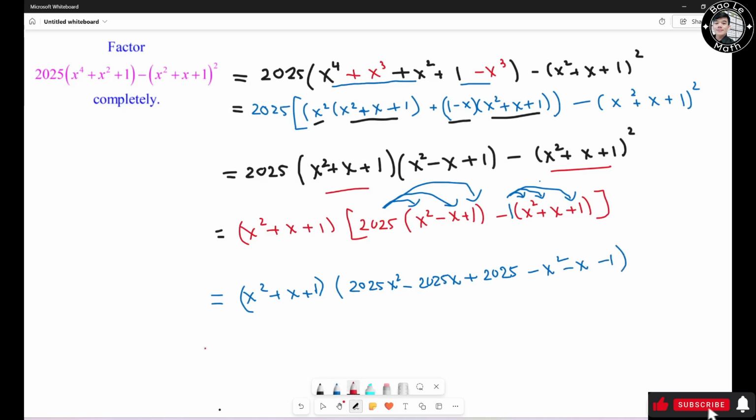Now I just simplify this one, so I have s squared plus s plus 1 times 25 s squared minus s squared is going to be 24 s squared. Negative 25 s minus s is going to be negative 26 s plus 25 subtract 1 is going to be 24. And this is the final factored form.